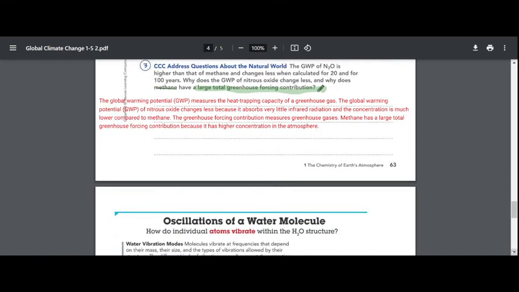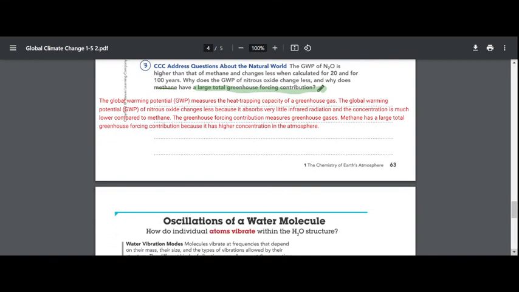The GWP of N2O is higher than that of methane and changes less when calculated for 20 and 100 years. Why does the GWP of nitrous oxide change less, and why does methane have a large total greenhouse forcing contribution? The global warming potential, GWP, measures the heat trapping capacity of a greenhouse gas.